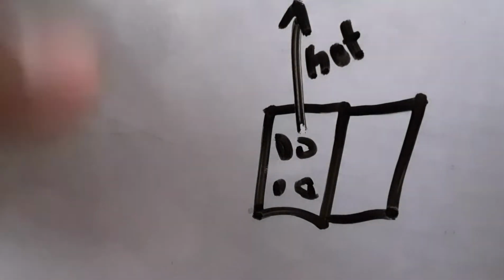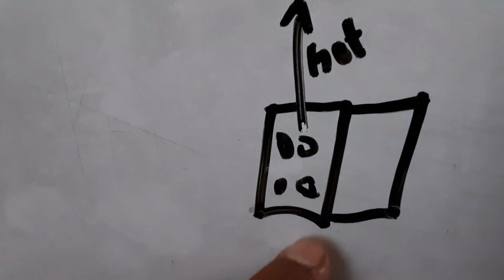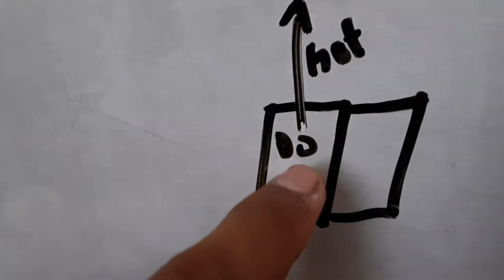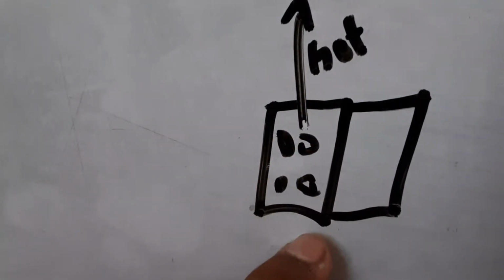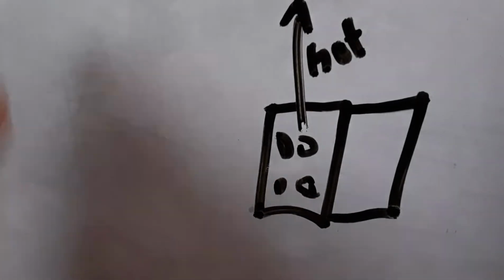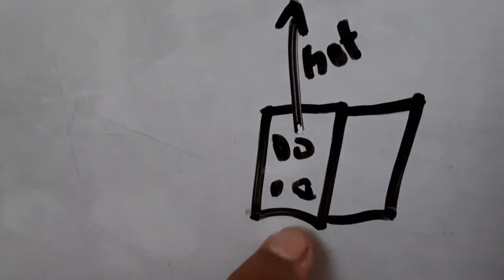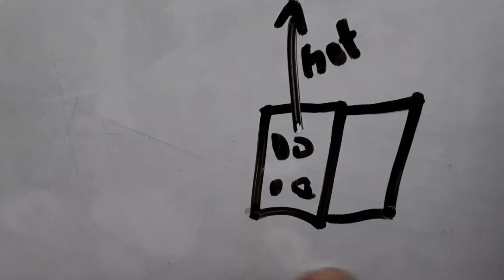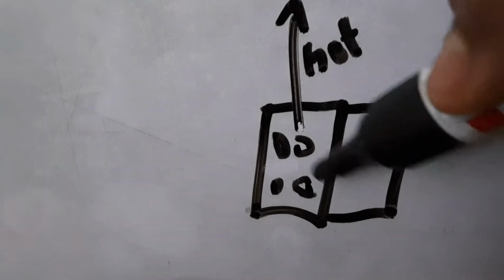Now, temperature is hotness or coolness. And what is that energy? It is the kinetic energy. That kinetic energy from this molecule will come to this molecule. It will transfer.